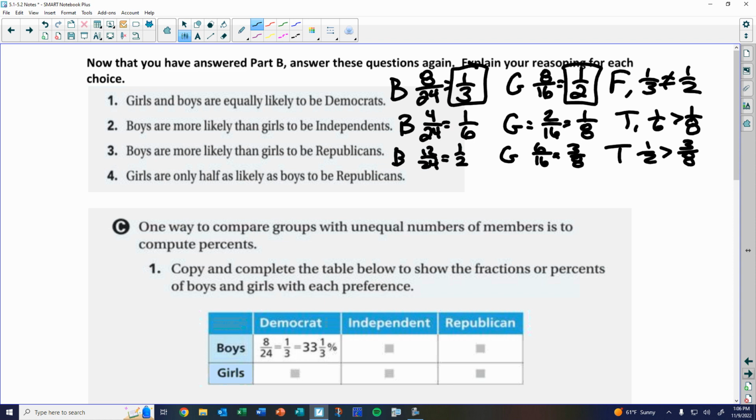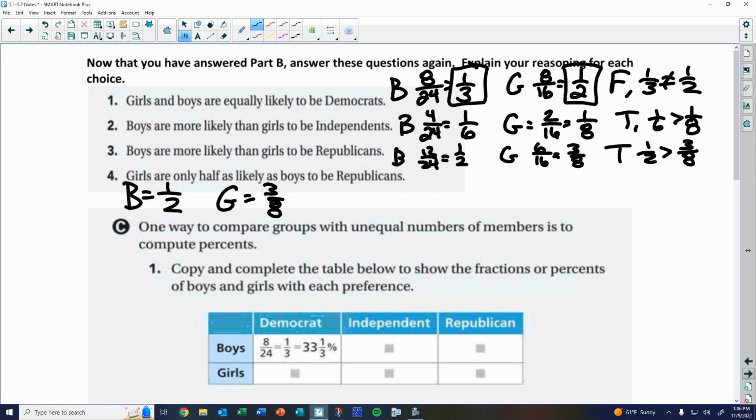Okay. Now this says girls are only half as likely as boys to be Republicans. Remember, for the boys, we had a half, and for the girls, we had 3/8. Is 3/8 half of a half?